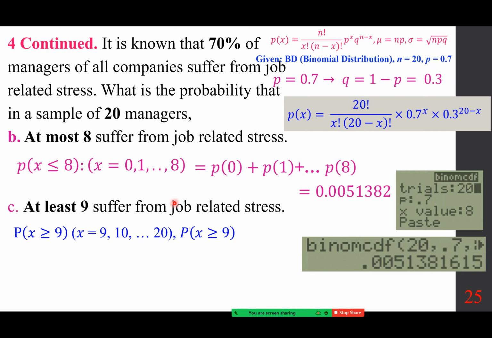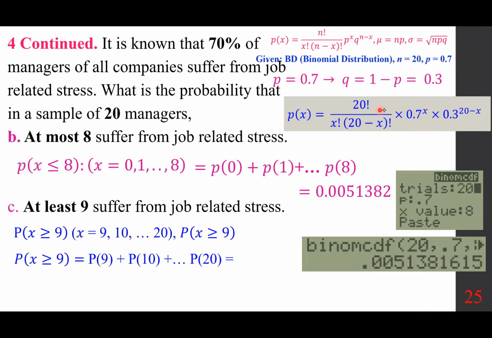And we have to plug in 9 here, 10 here, 11, all the way to 20 and add them up. So there are so many parts to add up. What does it mean? Find the probability when x is 9 and x is 10 all the way to 20 and add them up. And again, you can use the technology.